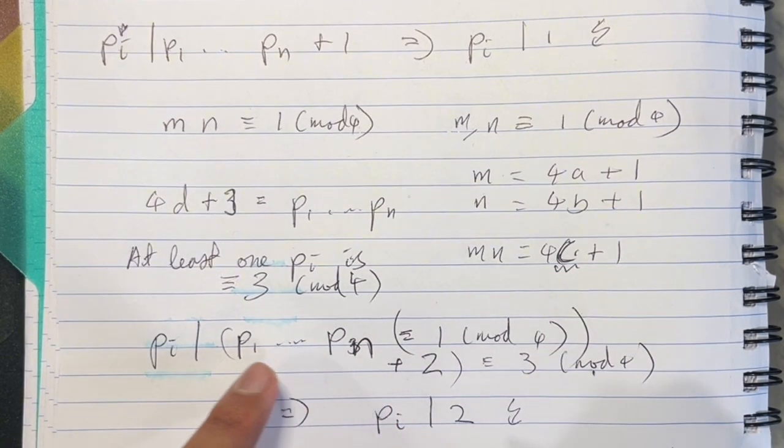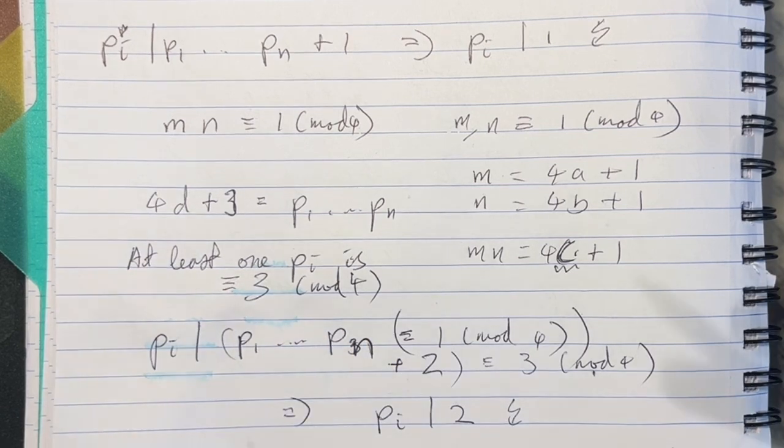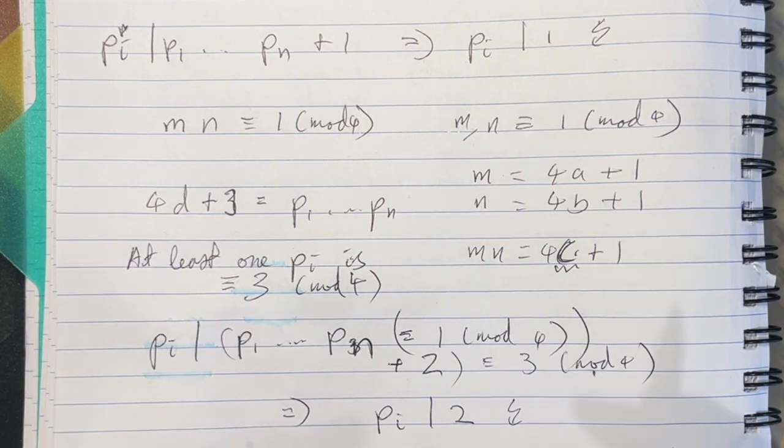In the case that the product of all the primes that are 3 mod 4 is 1 modulo 4, we have a contradiction. We've shown it's not possible for the product of all prime numbers that are 3 more than a multiple of 4 to be 1 modulo 4. Assuming that the product exists, we've shown that the product can't be 1 more than a multiple of 4.